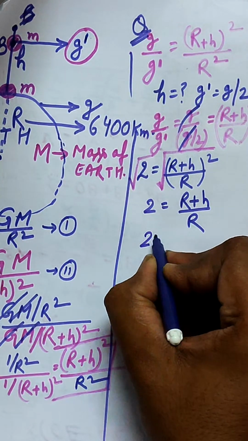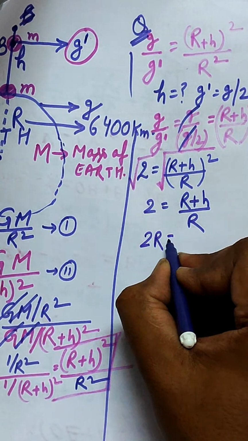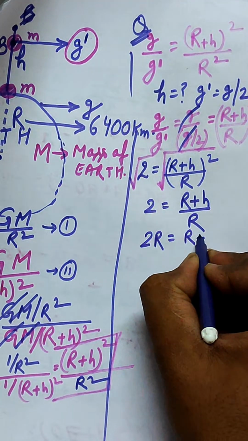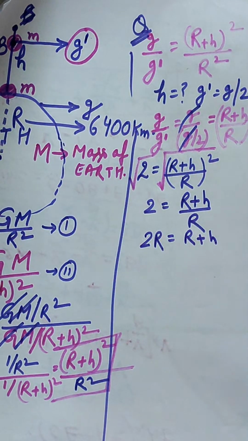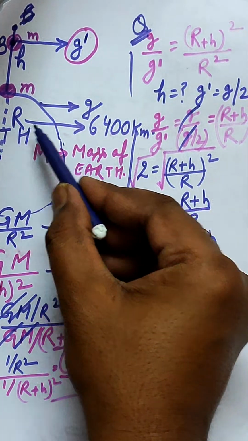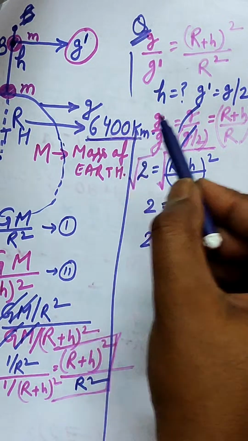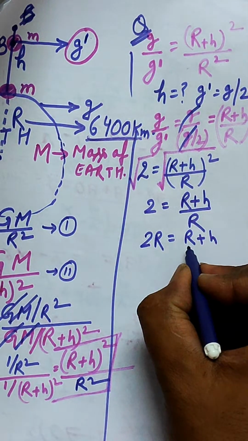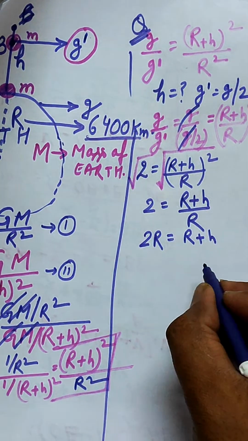This will give you root 2 times R is equal to R plus h, right? Mind it, R is the radius of Earth, which is 6400 kilometer, right? We'll put in this value, but later on.